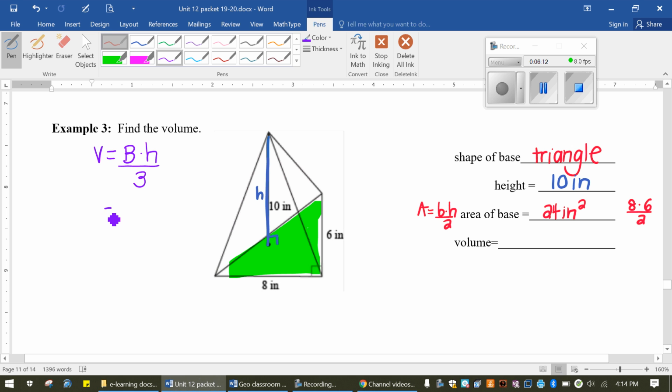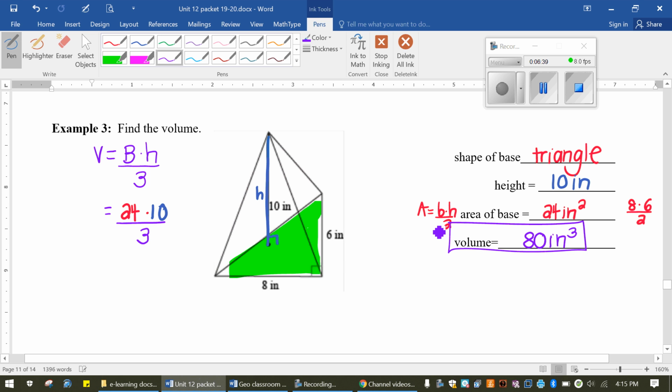So the area of the base is 24, the height of the pyramid is 10, and then we divide that product by 3. So we get 80 inches cubed.